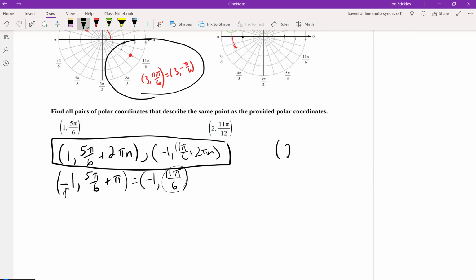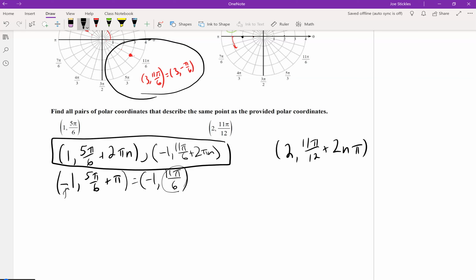One is very straightforward. I can add or subtract multiples of 2 pi. Again, 2 pi represents a complete rotation. So if I add a 2 pi, or I subtract a 2 pi, or I add a 4 pi, or subtract a 4 pi, it doesn't change where the point is, because all I've done is just go in a circle all the way around.